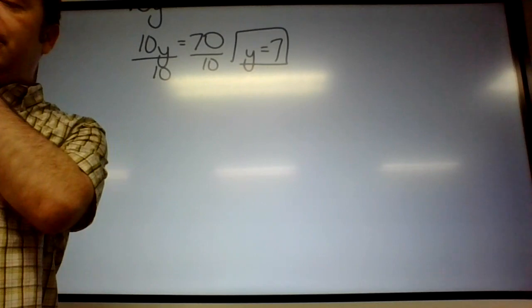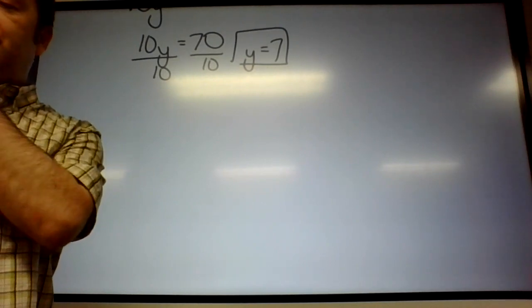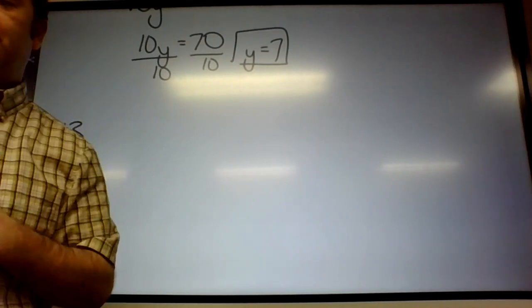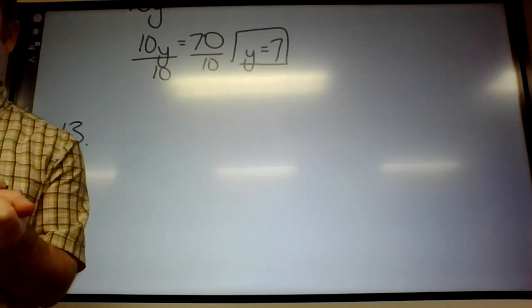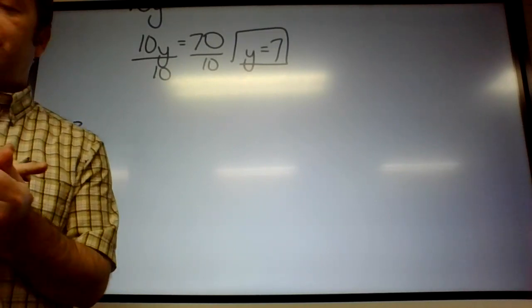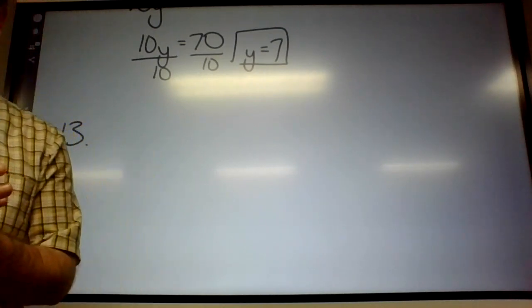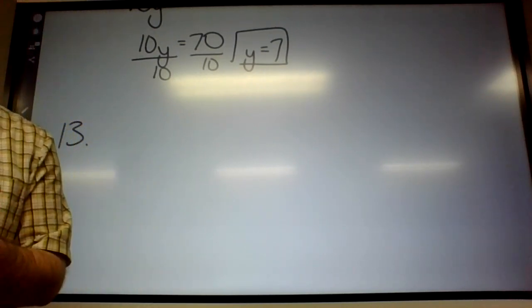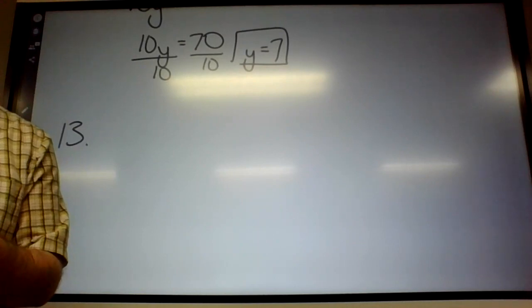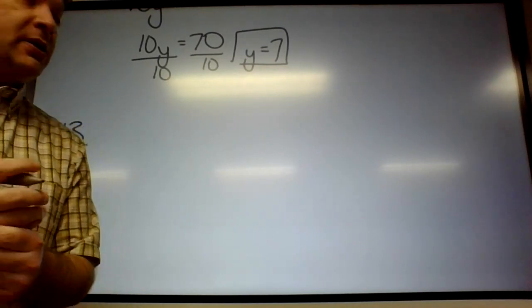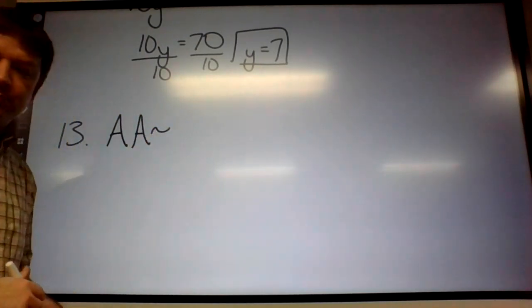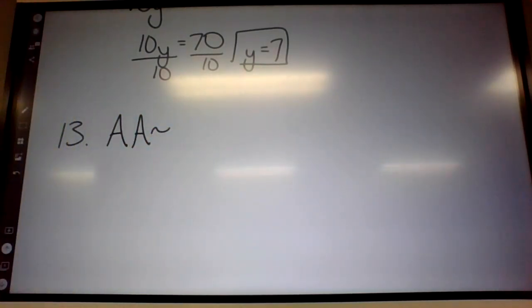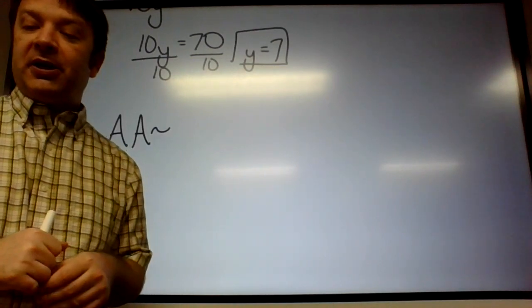Okay, how do we know that the two triangles in 13 are similar? Angle, angle. They give us two angles in both that are congruent. This one might be a little tricky because the triangles share a side. Okay, so we have to be careful here.